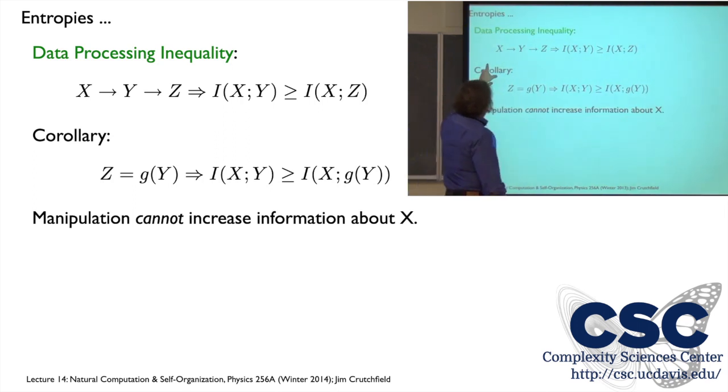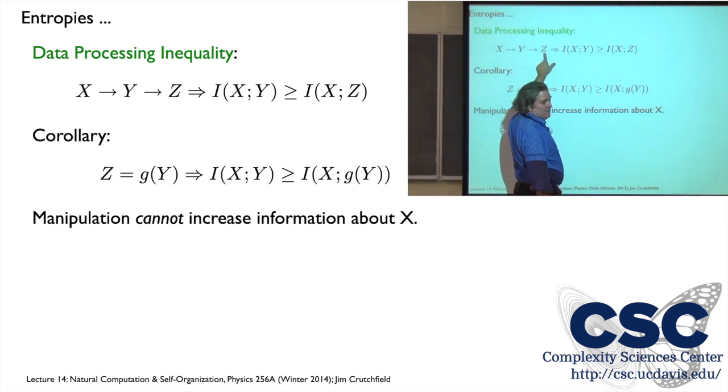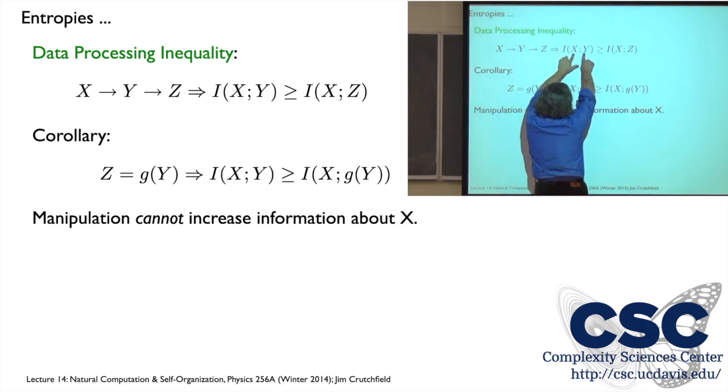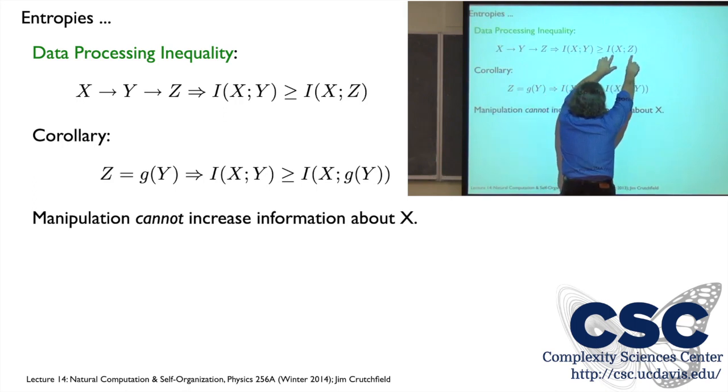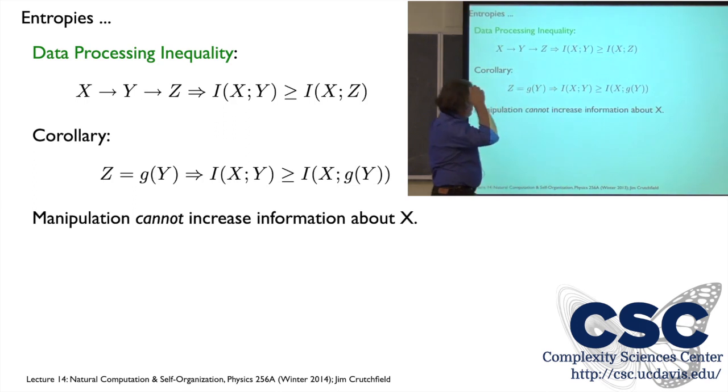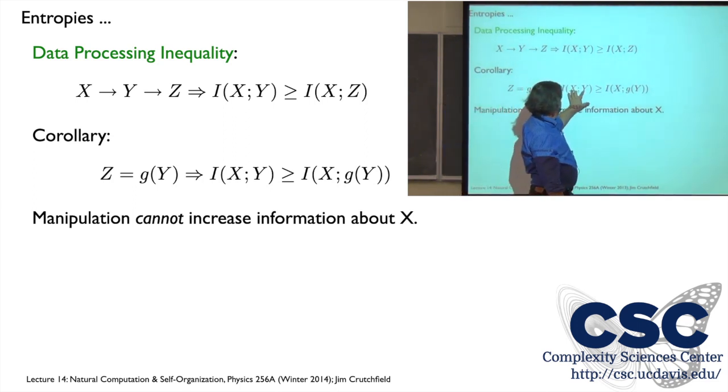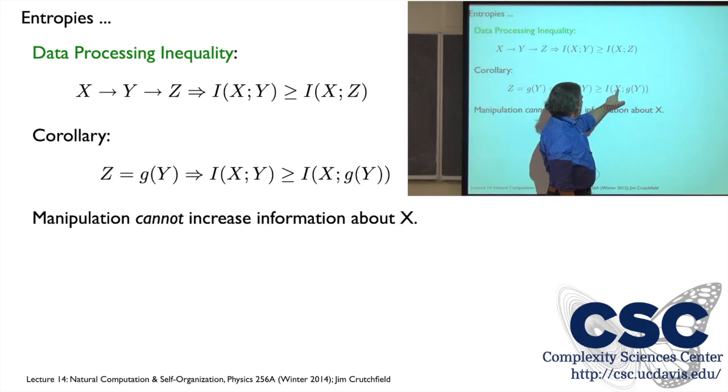So if I have a Markov chain, x goes to y goes to z, the information that's shared between x and y is greater than the information shared between the variables at the end of the chain, x and z. Or the other way to think about it is if I have this third variable z that's some function of y, then the mutual information between x and y is always larger than x and any kind of processing, g, that you could have done to y.